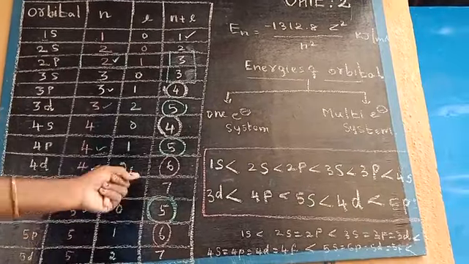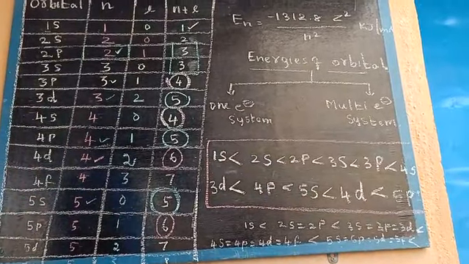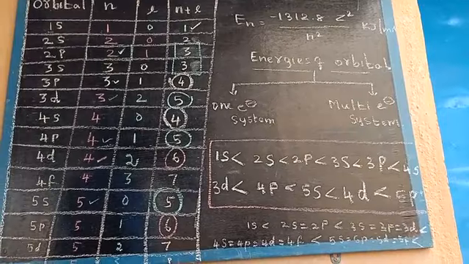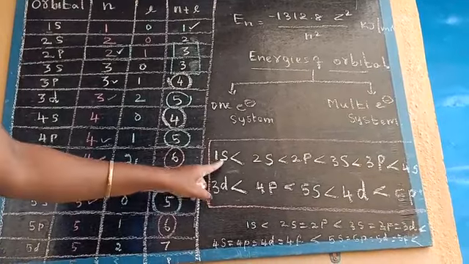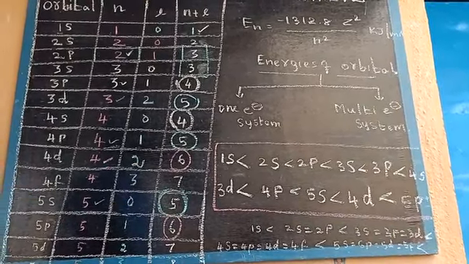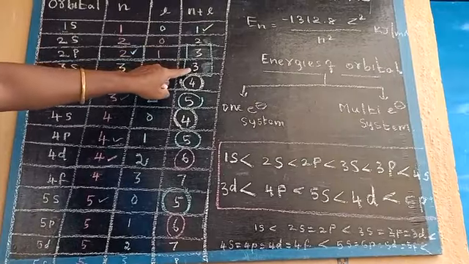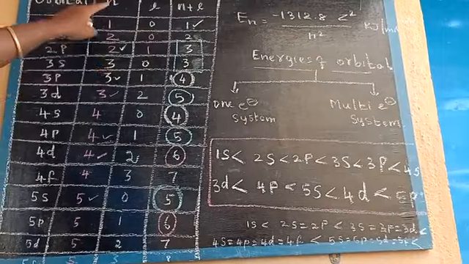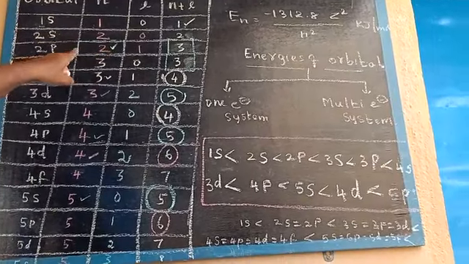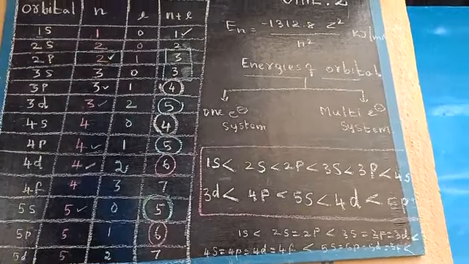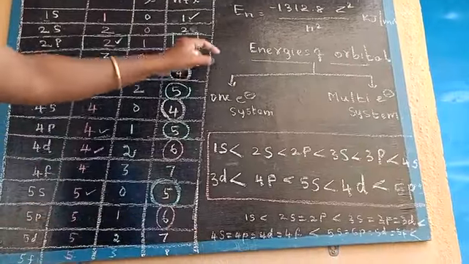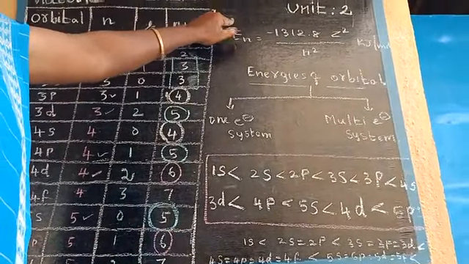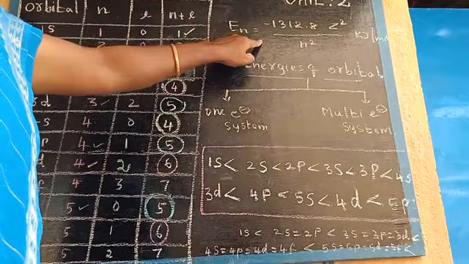Now follow the rule. Rule number 1, first write the lowest energy level. Rule number 2, if both are the same, then which orbital do we write first? The one with the lowest n value, write first.